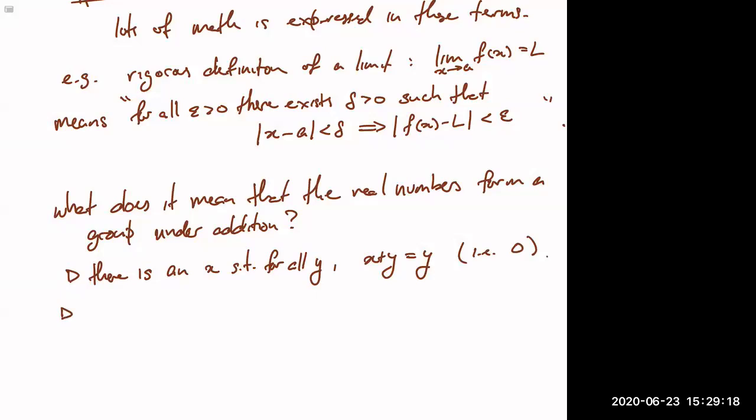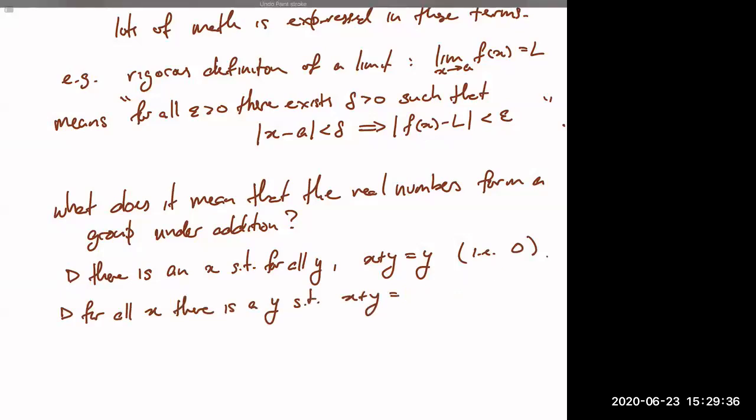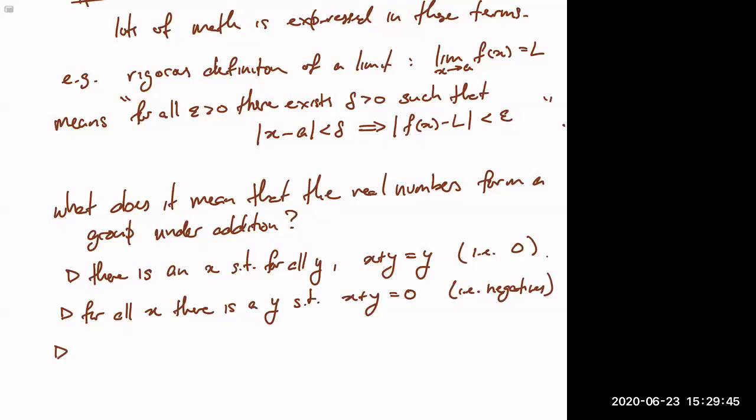Second of all, for all x, there is a y such that x plus y equals 0, where this is the thing that we found in the last line. And this is saying that we have negatives. And the last one is an associative property: for all x and for all y and for all z, we have (x plus y) plus z equals x plus (y plus z).